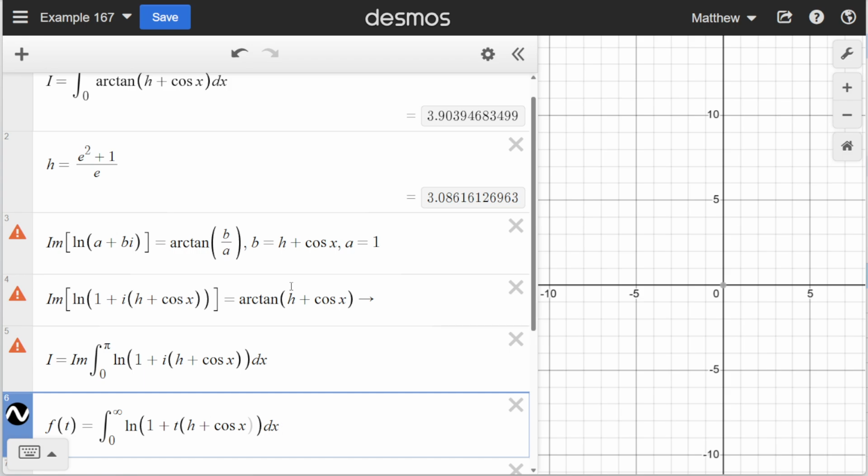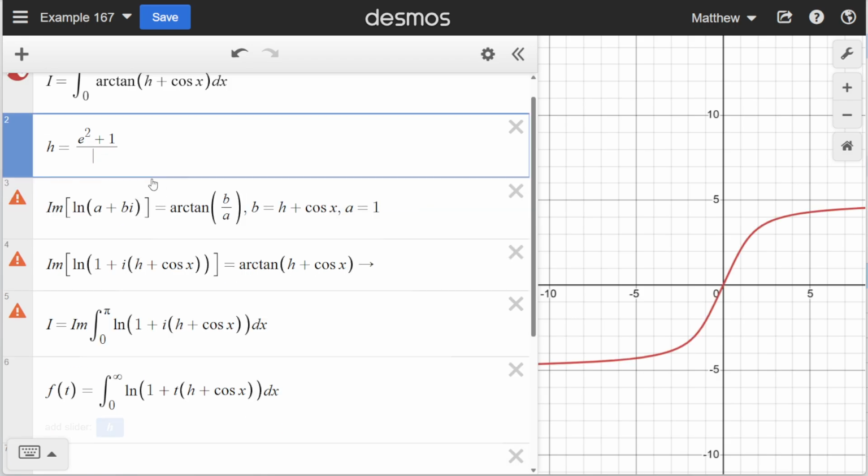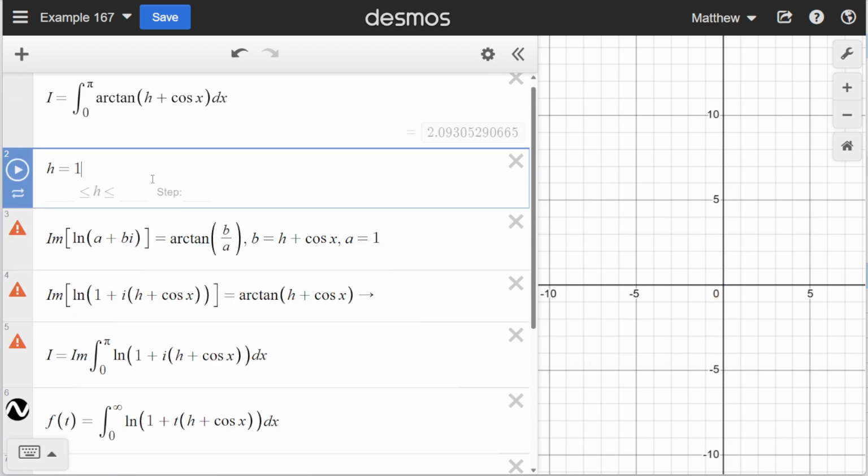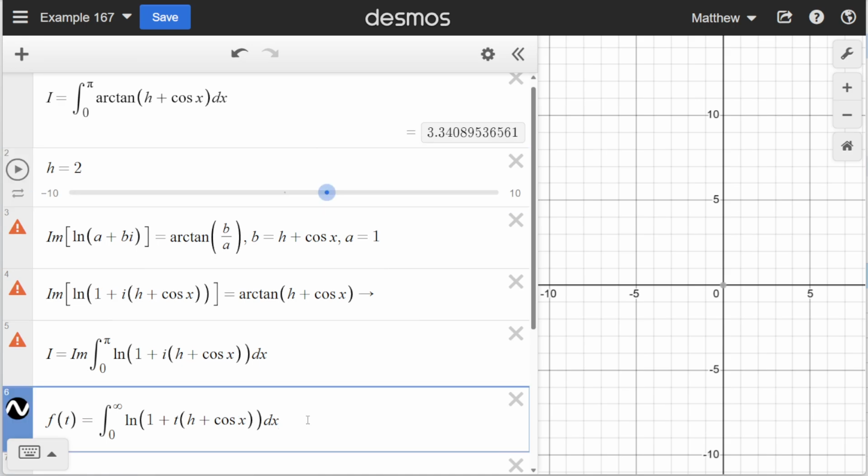It looks like it did not give us any sort of graph. Let's try some different values of h here: 1, 2. Did I make some sort of mistake here?